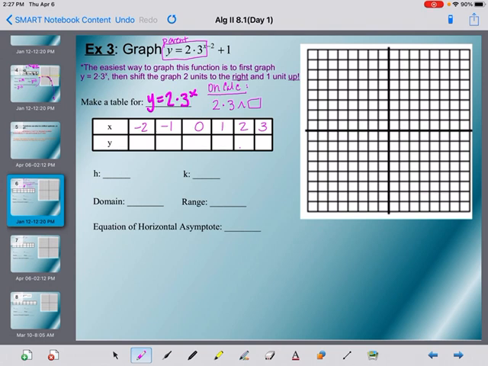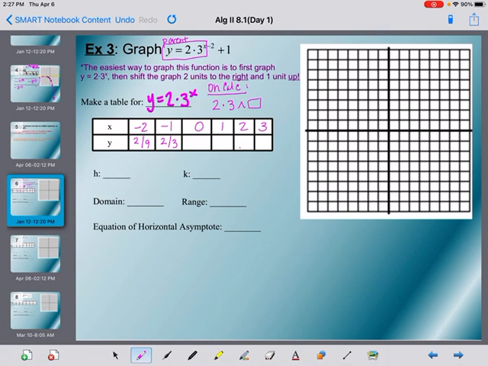So for the first one, when x is negative 2, this time my base is 3, so it's going to be 3 to the negative 2 power, which is 1 over 3 squared, or 1/9, times 2 is 2/9. So that's pretty small. That's less than a third, because 3/9 would be 1/3. When x is negative 1, 3 to the negative 1 power is 1/3, times 2 is 2/3.